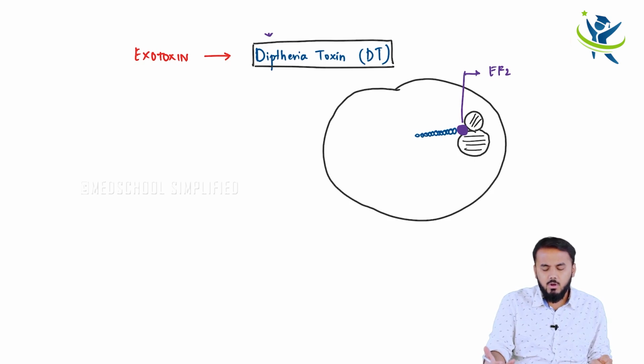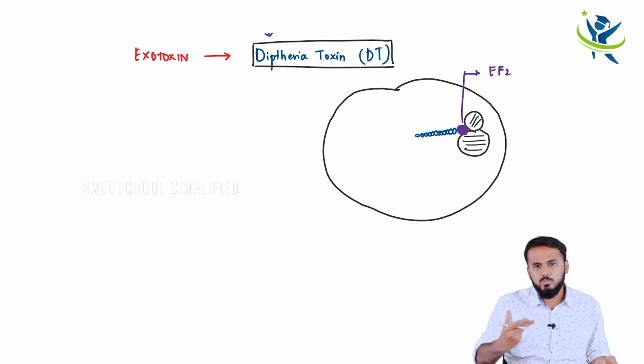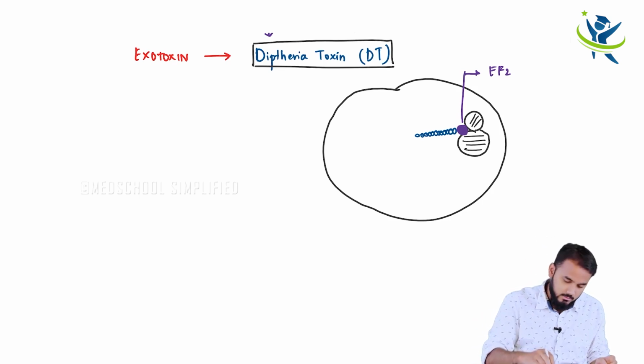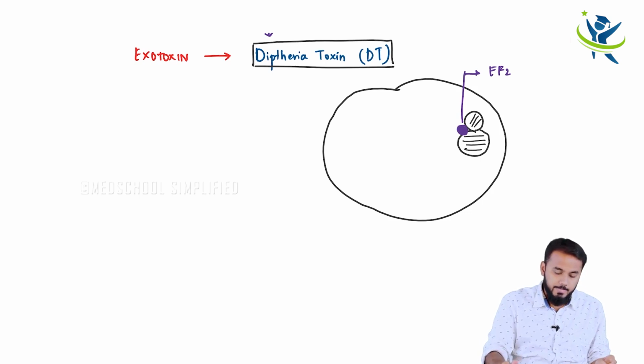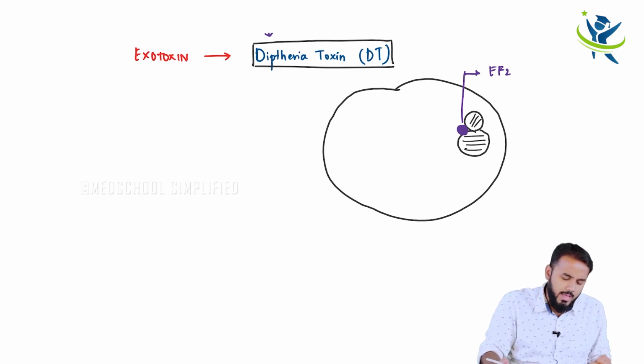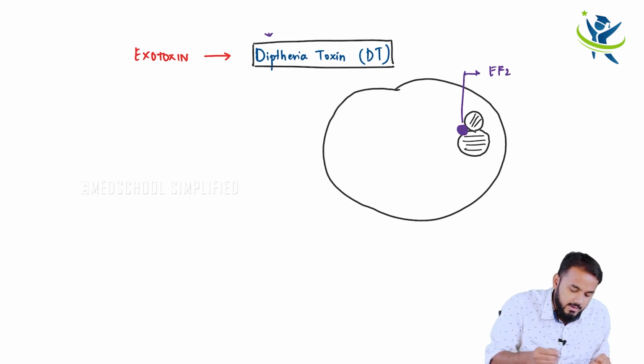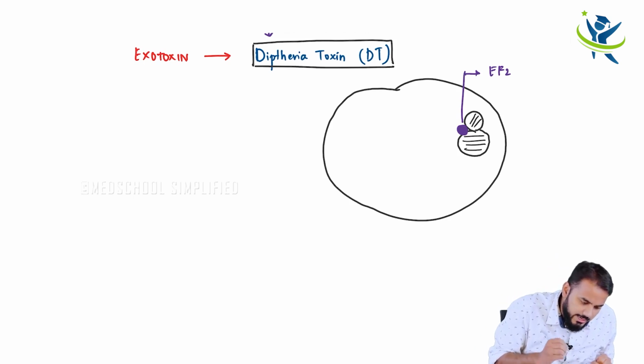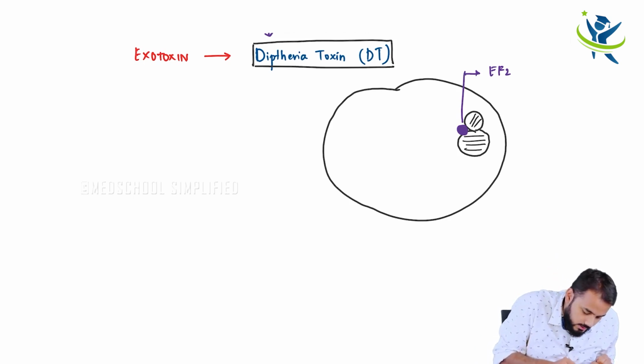After arranging all the amino acids, a protein is formed. So can I say elongation factor 2 is responsible for protein synthesis? Yes. Now what is exactly going to happen? If you look at the structure of DT, that is diphtheria toxin, it exactly looks like this.